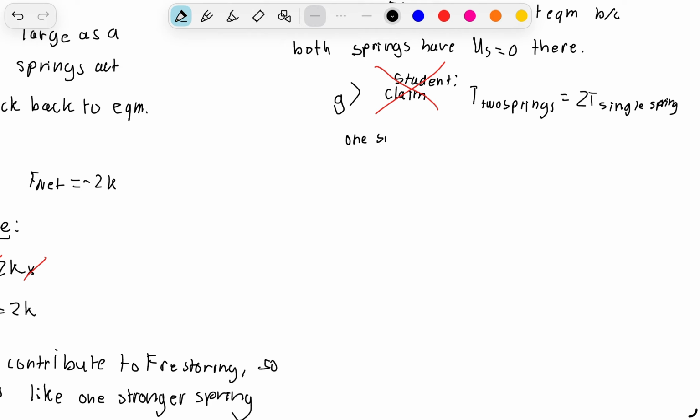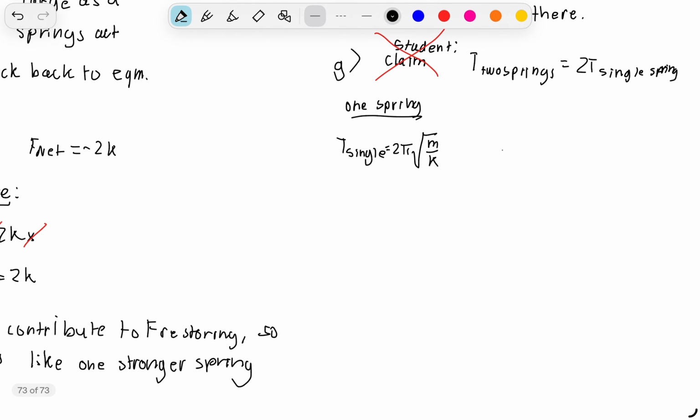Because for one spring, the period is 2 pi times the root of m over k. Now 2 identical springs.